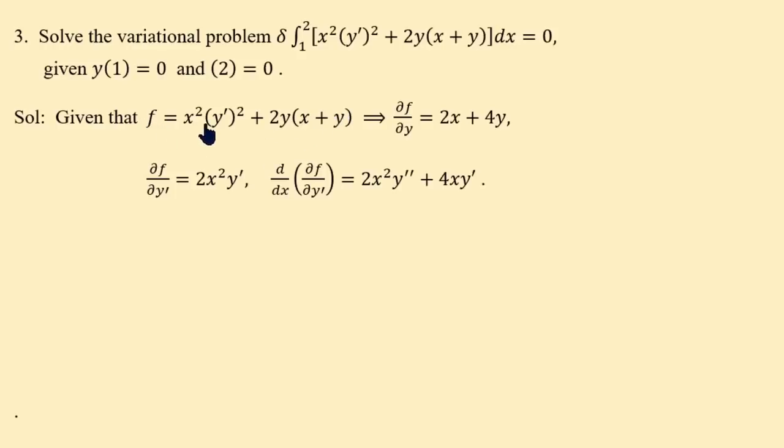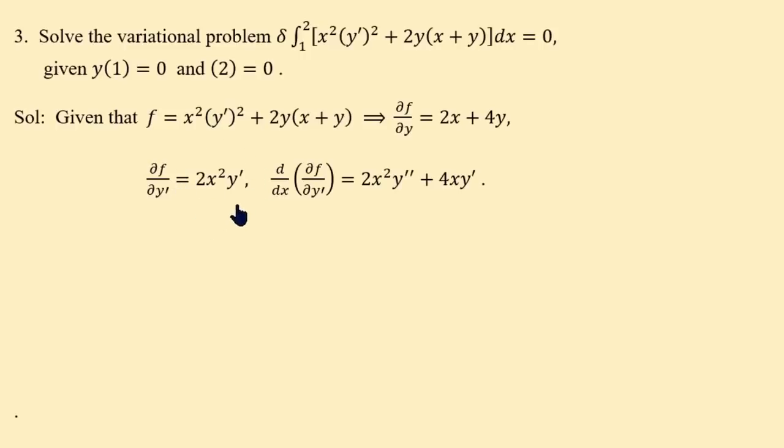Differentiate f partially with respect to y. Here no y, 0. 2xy derivative with respect to y is 2x. And 2y square, partial derivative with respect to y, is 2 into 2y, that is 4y. And the partial derivative of f with respect to y dash, square derivative 2y dash, so 2x square y dash.